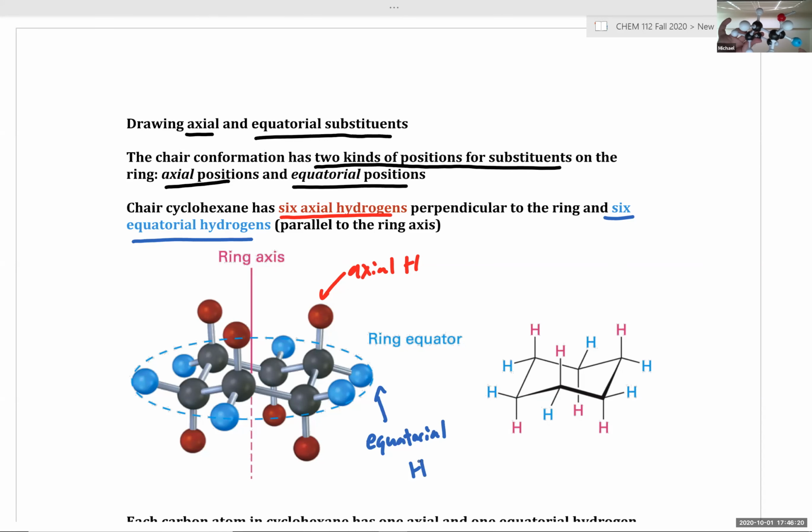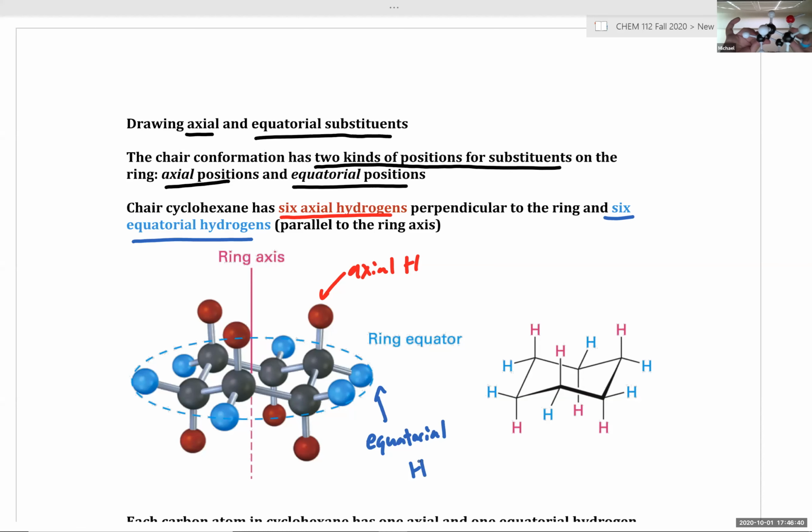One of the hallmarks of the equatorial hydrogens is that they're parallel to the carbon-carbon bonds found in your ring system. For example, we have a carbon-carbon bond here, and the equatorial hydrogen is parallel to that bond.